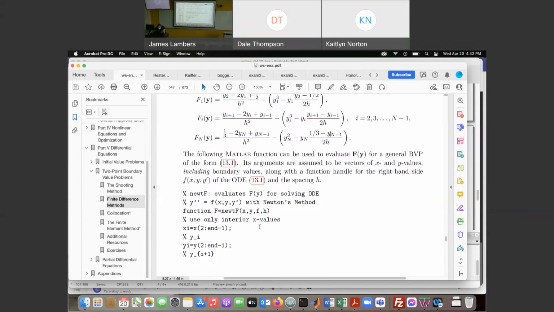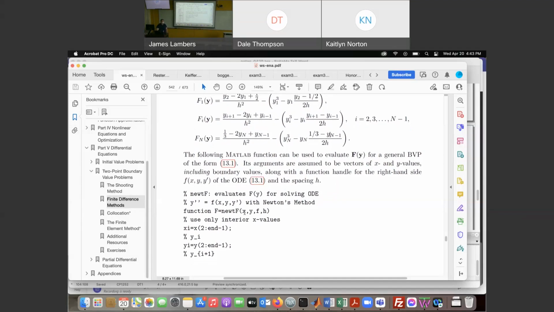So how do I proceed with that? Now, the assumption here, very important, is that the vectors x and y coming in include boundary points. So x is not just interior points; it has x equals a as the first element and x equals b as the last element.